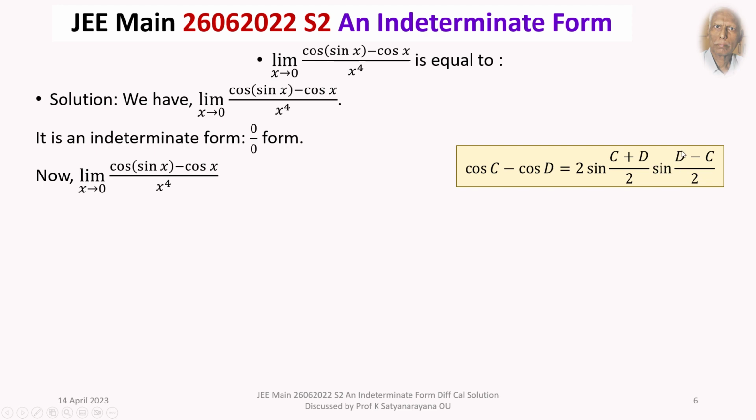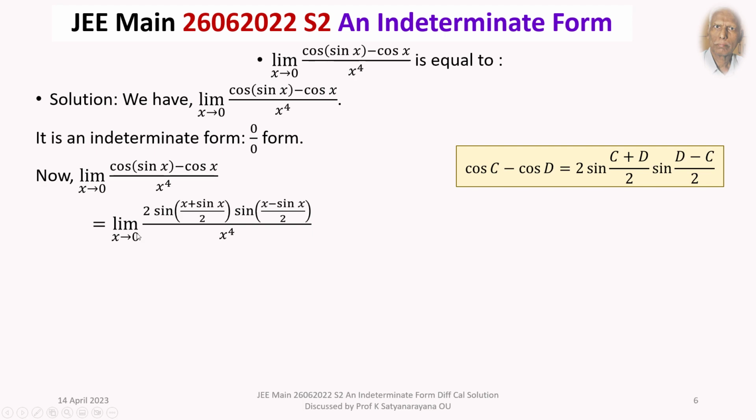So that is equal to limit x tends to 0, 2 times sin of (sin x plus x) by 2 into sin of d minus c, that is (x minus sin x) by 2, whole by x to the power of 4.